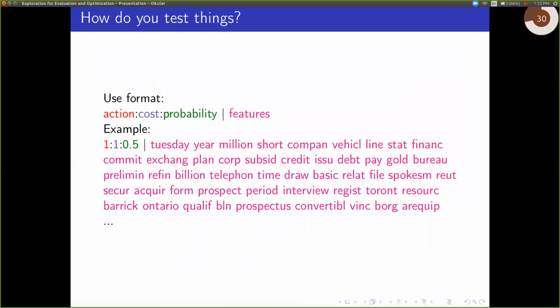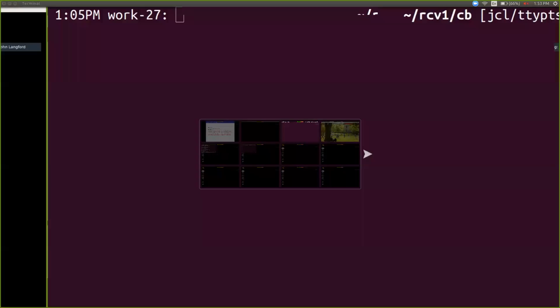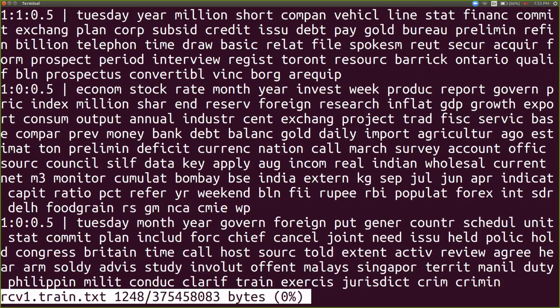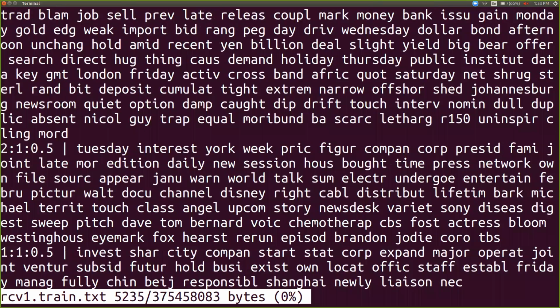Okay, so let's take a look at things. Here's a data set derived from the RCB1 data set that I showed you last time. There's a different kind of label information here. There's the chosen action first, which is either 1 or 2.